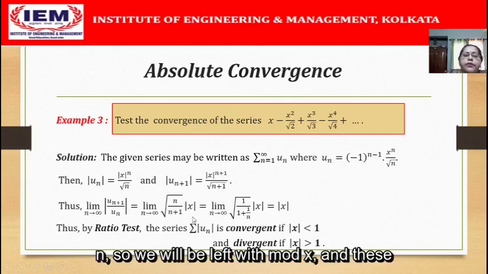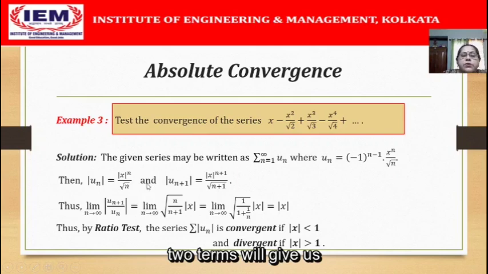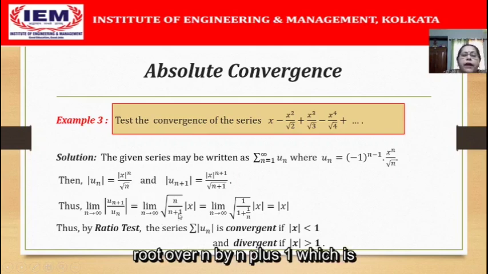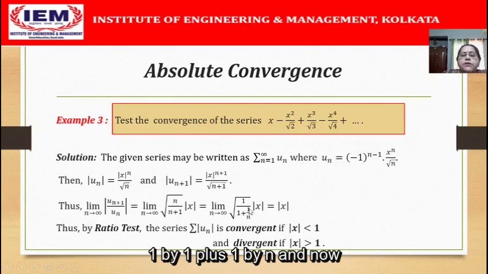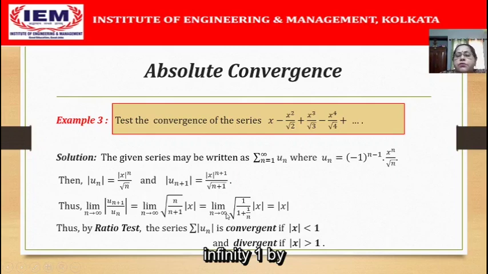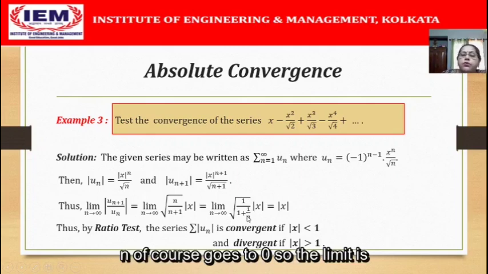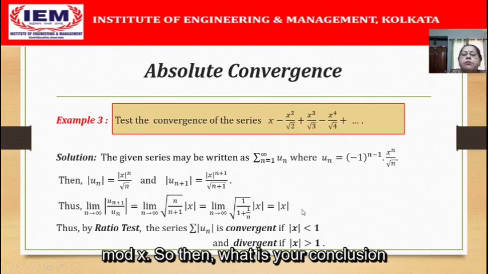So we will be left with mod x, and these two terms will give us root over n by n plus 1, which is otherwise 1 by 1 plus 1 by n. Now if we take the limit as n tends to infinity, 1 by n of course goes to 0. So the limit is mod x.